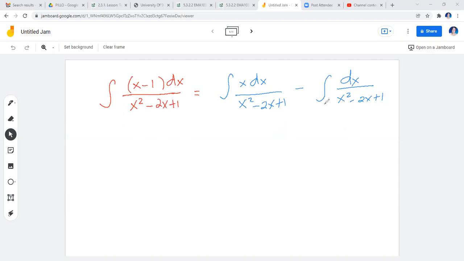Can this be integrated? I think, miss, if you apply, what's the rule again? I forgot the rule. Can we integrate this?